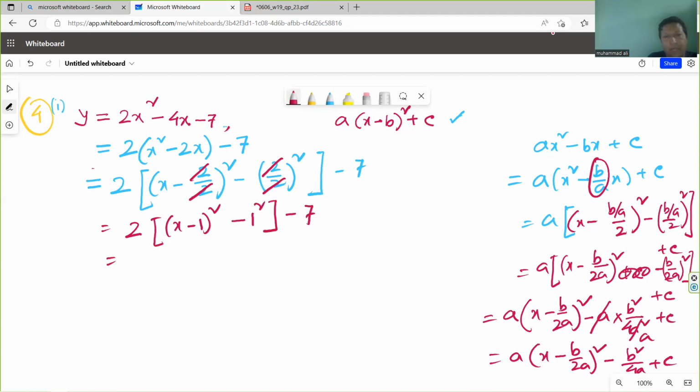If we remove the bracket, we get 2(x − 1)² − 2 − 7, so 2(x − 1)² − 9.